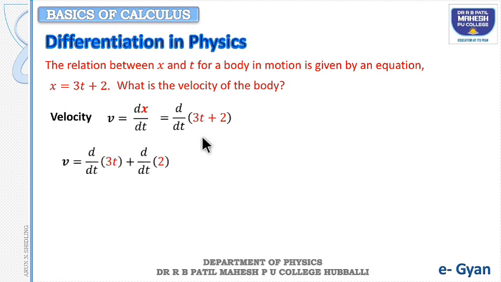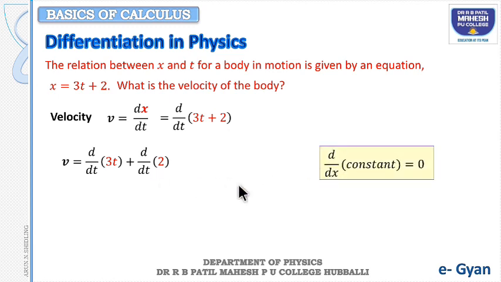To differentiate that, I'll split the equation and write differentiation separately for the two parts. Further, this formula will help us to differentiate. Differentiation of a constant is 0. I mean to say d by dt of 2 will give me 0. So this is 0. Constant term does not change with time.